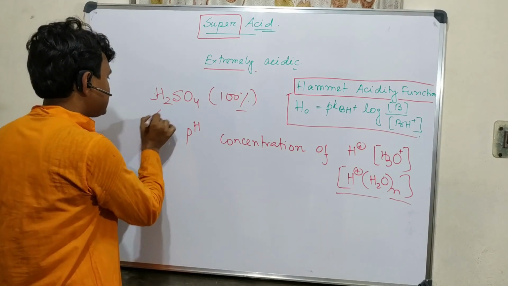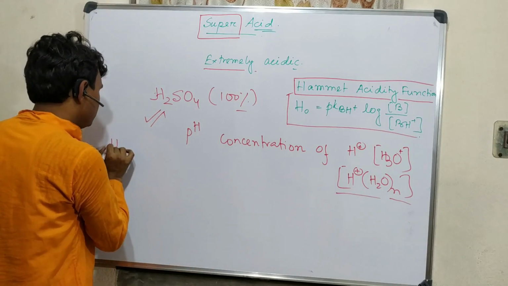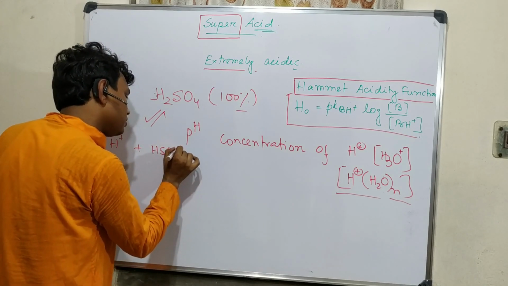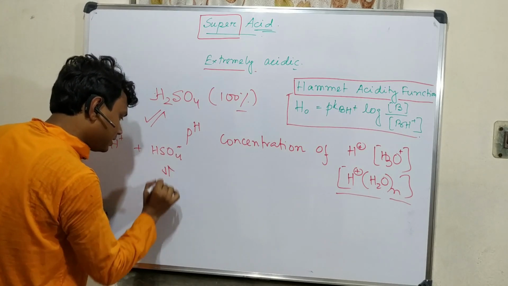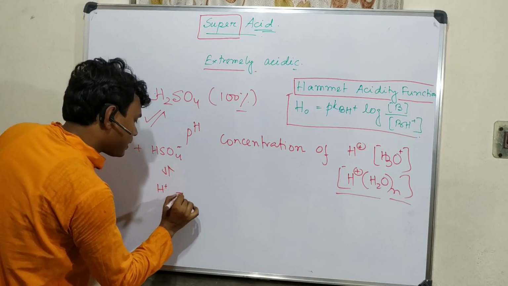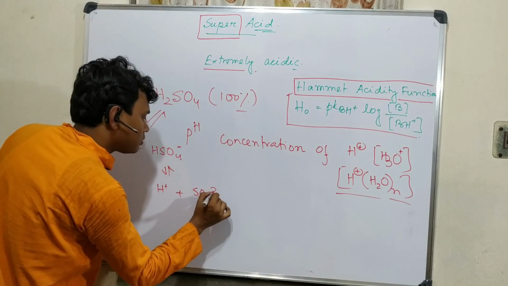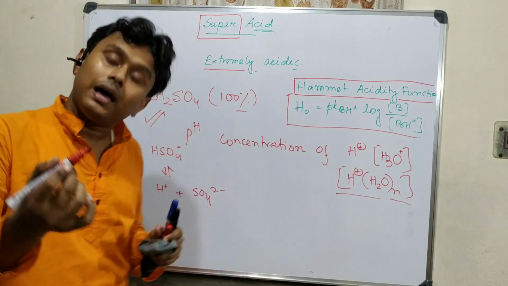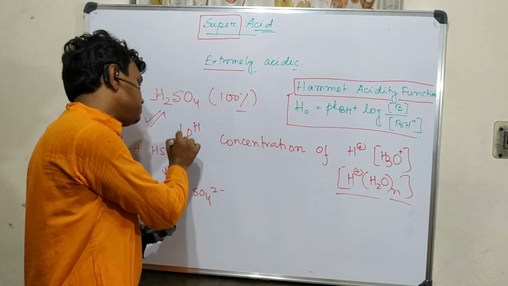For example, sulfuric acid produces H plus and HSO4 minus, which can further dissociate to H plus and SO4 2 minus. So the extent of proton donation capability or ionization is denoted by pH.